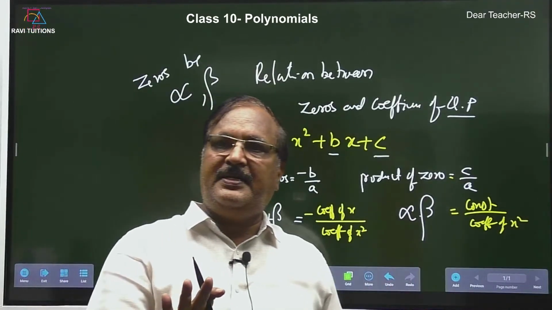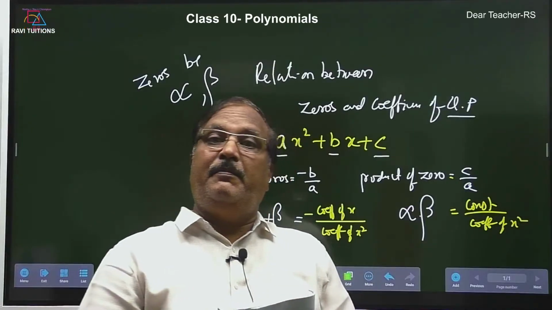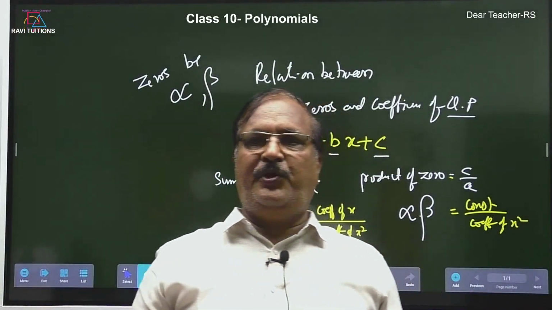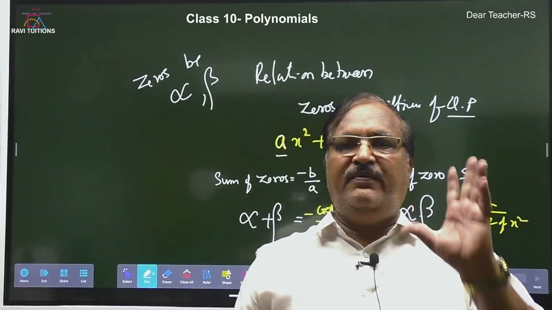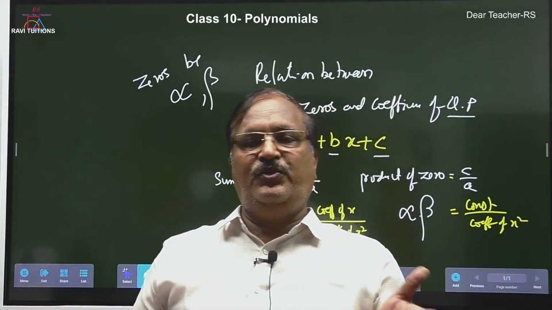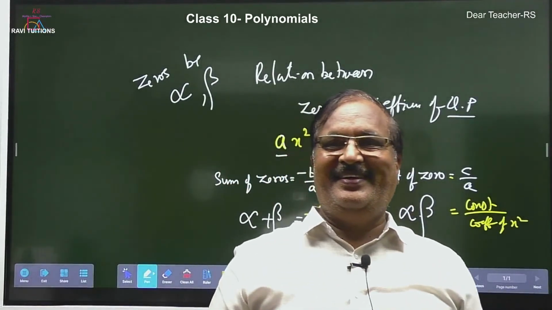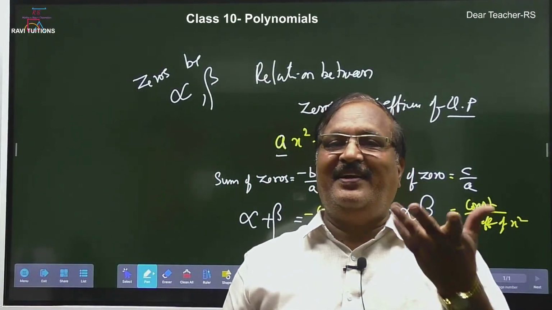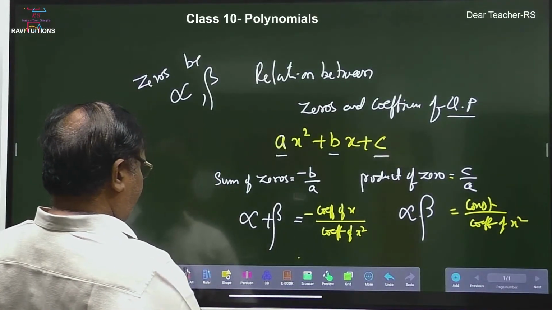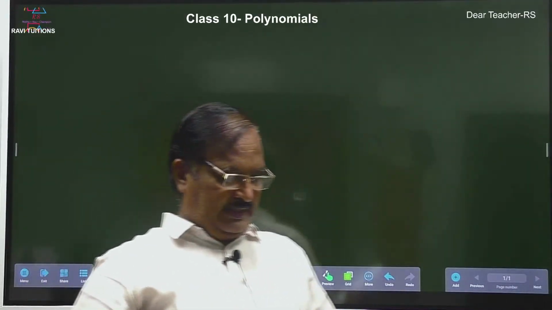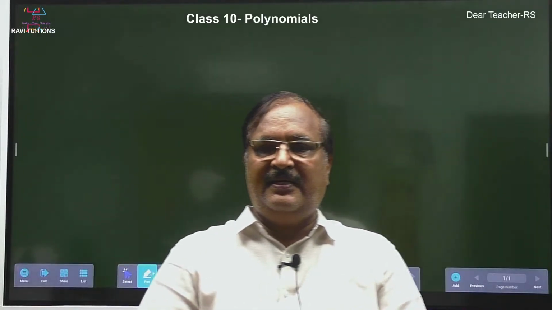So alpha, beta, they are letters you can have, because x, y, z we are using for polynomials, a, b, c, d we are using for coefficients. So we want new letters, so we borrowed from Greek, alpha and beta. We are learning Greek also in maths. So now let us go to exercise.